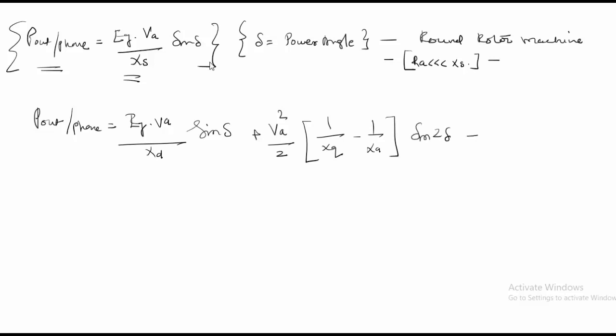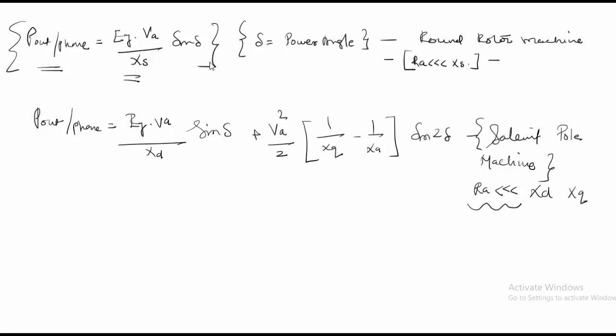This was for a salient pole machine where my Ra was neglected. It was less than Xd and Xq.